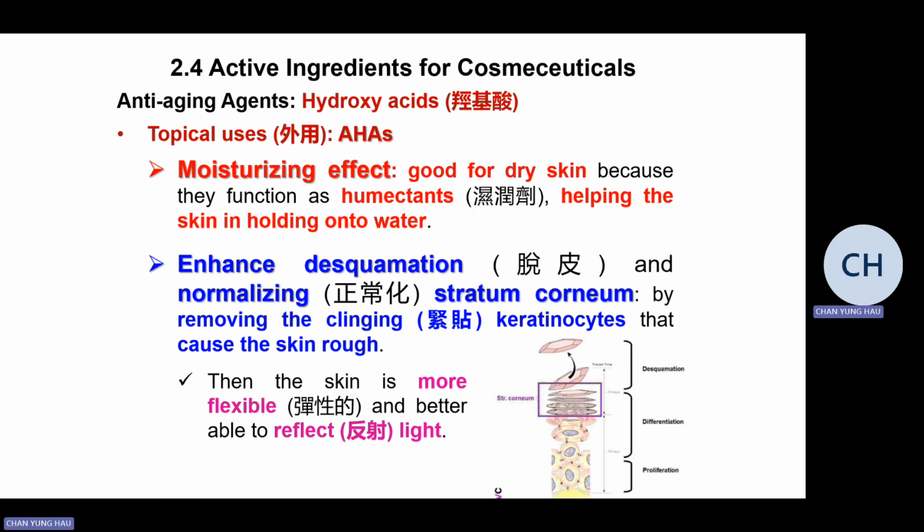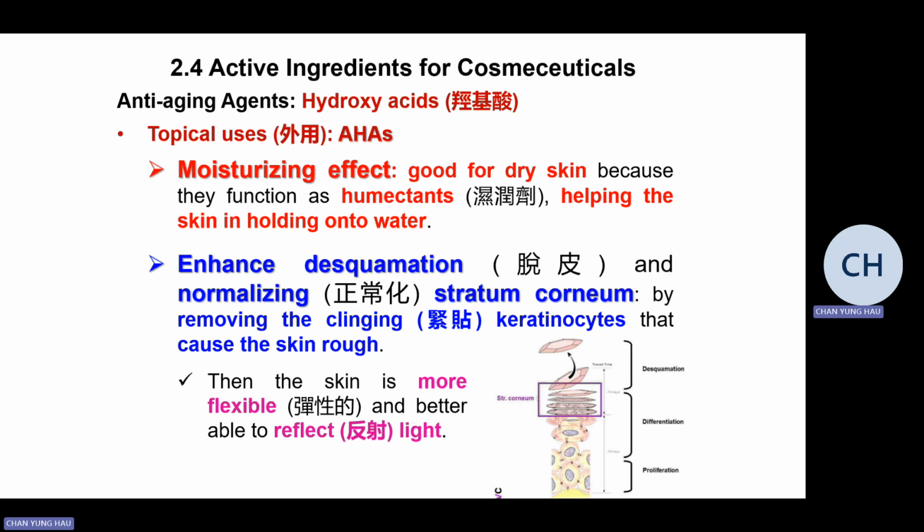For AHA, there are two major effects you must know. The first one is that it has a moisturizing effect, especially good for dry skin. It acts as a humectant and helps to hold water on our epidermis.